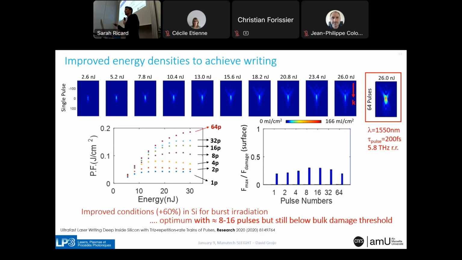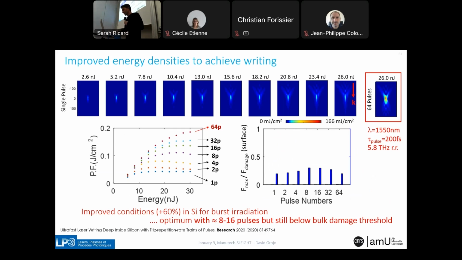That's something you can only measure on the surface. And when you look at the ratio now, you see we have an improvement, but it becomes much more modest. The physics behind this is not fully explained, but we found that there is an optimum number of pulses to put in the train, typically 8 to 16 pulses. And we could improve the condition by typically 60%, which is significant.